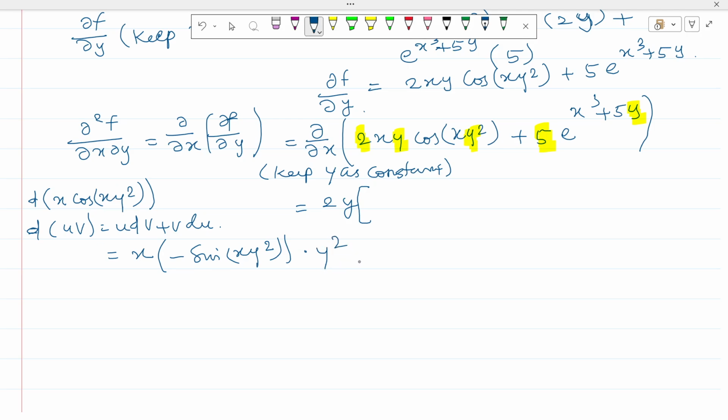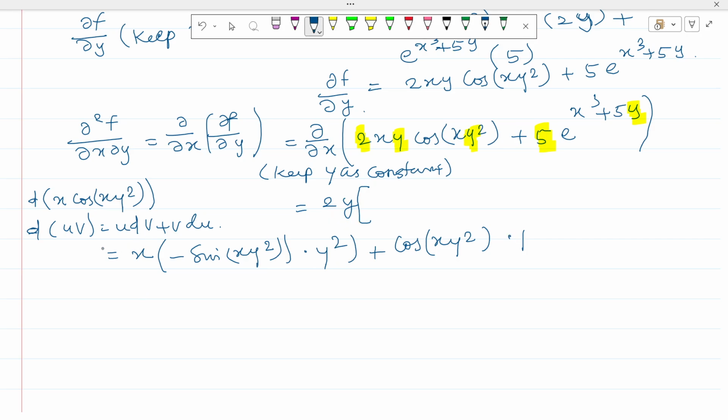Differentiation of x is 1 now, and then plus, keep it cos xy square, differentiation of... but outside 2 also is there, so differentiation of x is 1. So you are keeping the 2y is constant.